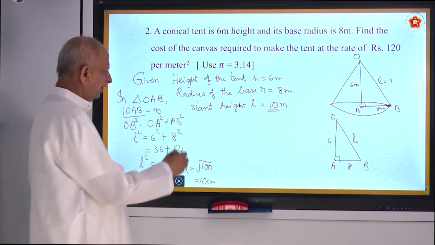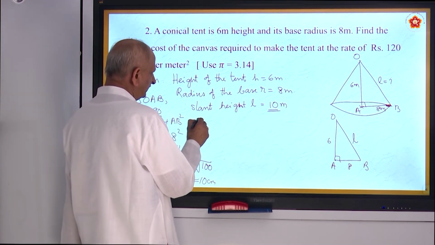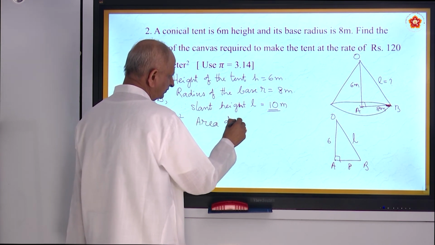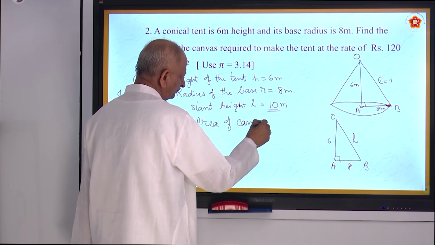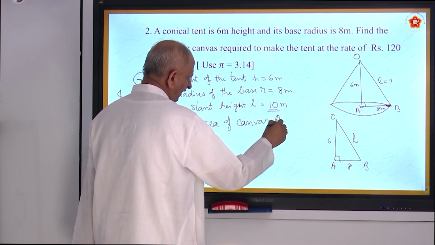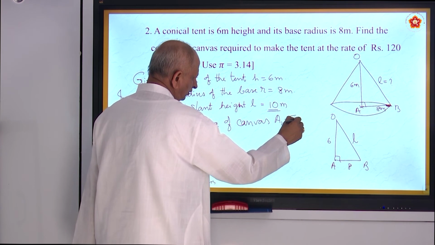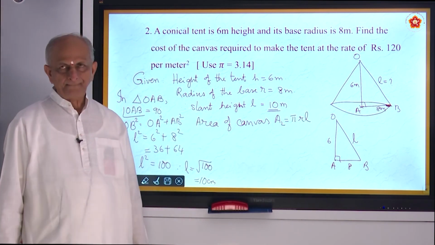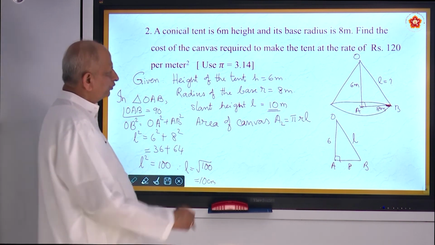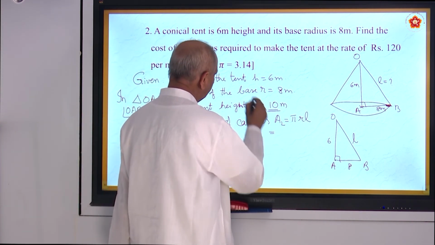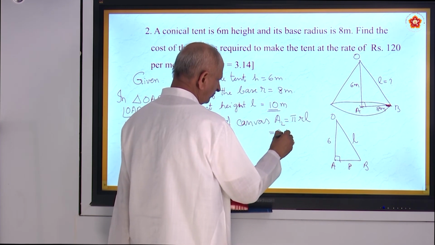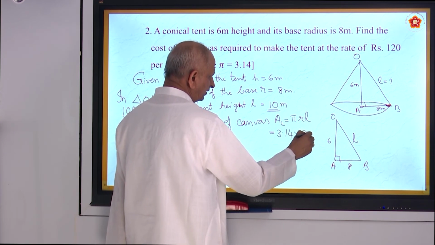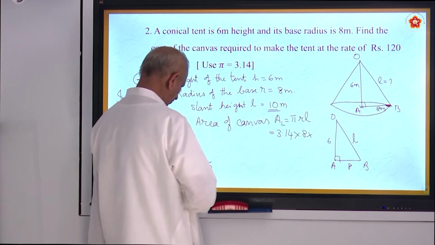And therefore, you have the lateral surface area, or you can write it as area of canvas. Call it AL. Cone area of canvas is lateral surface area, pi RL. Pi is to be 3.14, you must take. R is 8, given there. L, just now you found out, is 10.